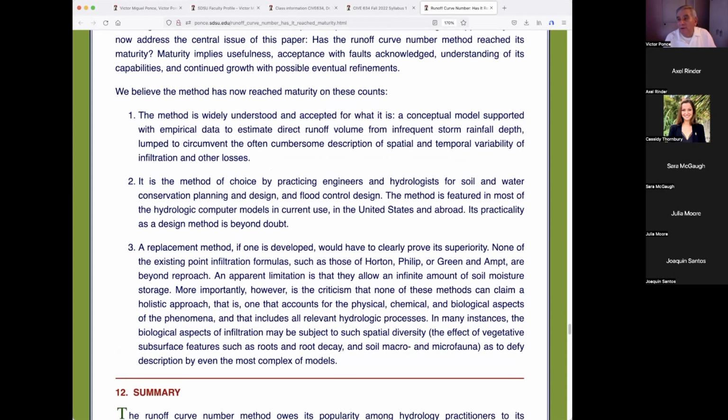As a matter of fact, in the 70s, early in my career, there were people who wanted to replace the soil conservation method with the Green and Ampt. They were arguing loudly: you should dump the curve number and replace it with the Green and Ampt because it's better. I didn't think so, because the parameters of the Green and Ampt are a little bit obscure.